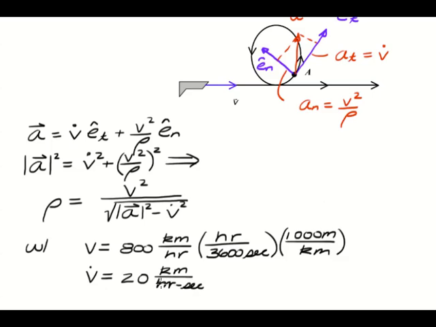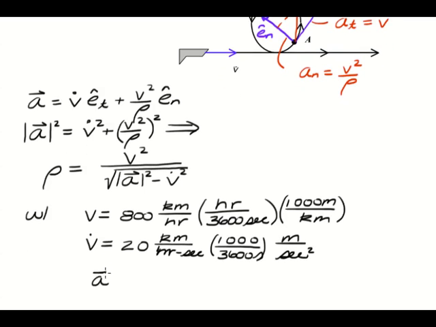Okay, so we'll need to convert that kilometers to meters. So we multiply it by 1,000. We divide by 3,600 to convert our hours to seconds, like this. So in the end, we're going to have v dot in terms of meters per second squared, and that's what we need.